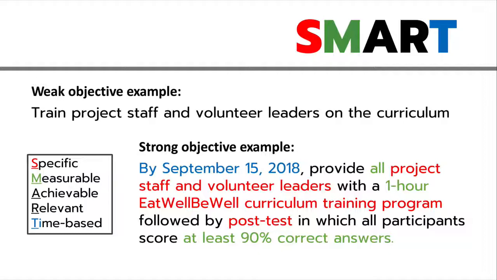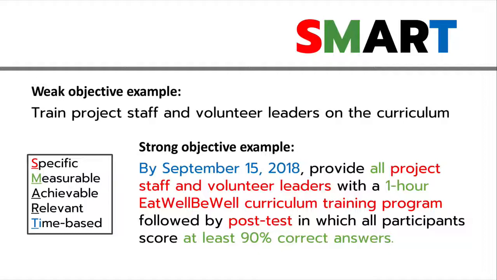When we look at the green for measurable, we can see we're talking about all project staff and volunteer leaders, not just a few, not the ones that are most convenient to reach, but all project staff and volunteers. Again, according to our training records, and sign-in sheets even, we can tell who was participating in this training. Making it measurable also includes the time frame for how long this curriculum training program will take. In this case, we're defining it as 1 hour. This isn't something that we're repeating every 6 weeks and building on itself as a really long, complex training system.